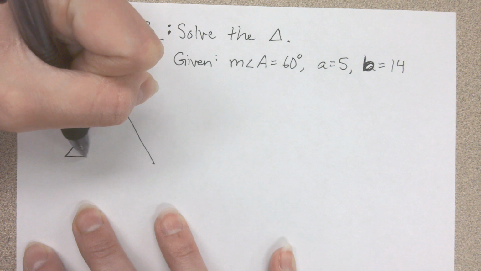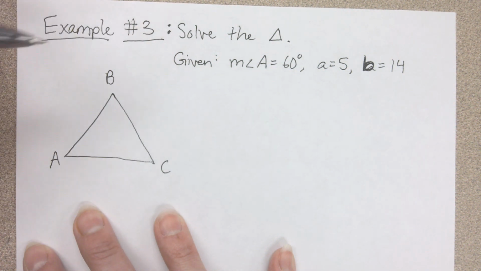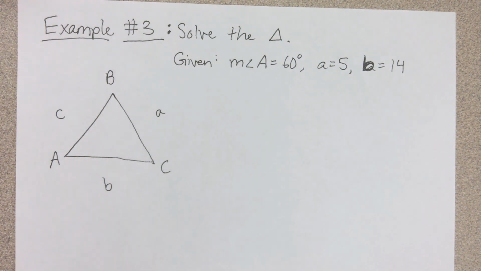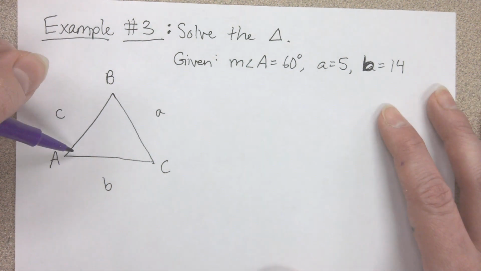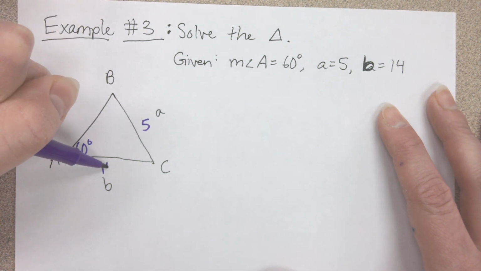So we'll draw our first triangle, ABC, and label the sides, little a, little b, little c. A is 60 degrees, angle A. Side a is 5 and side b is 14.